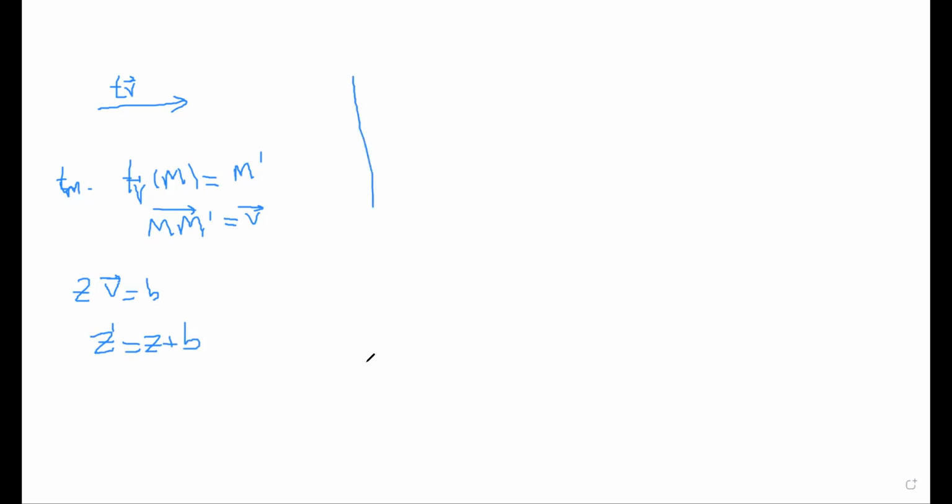Now rotation. We have a rotation with center omega and angle alpha. If the rotation of M equals M prime, this is omega, this is M, this is M prime, this is alpha.